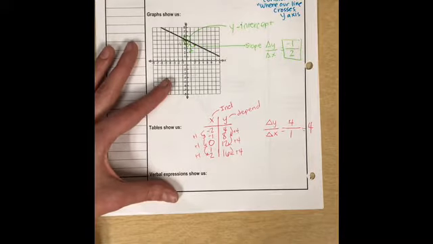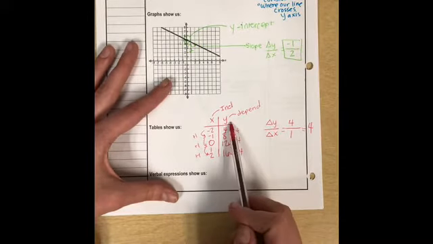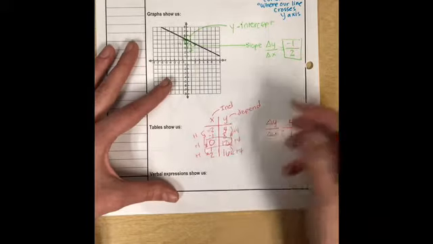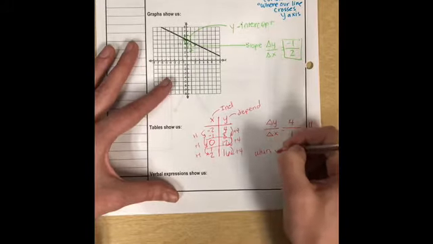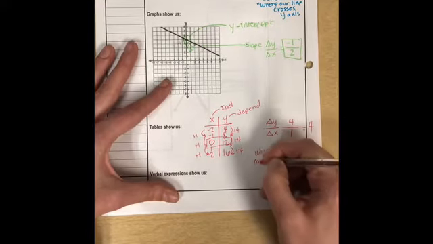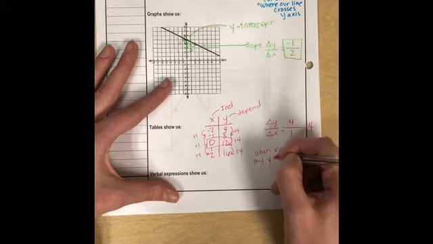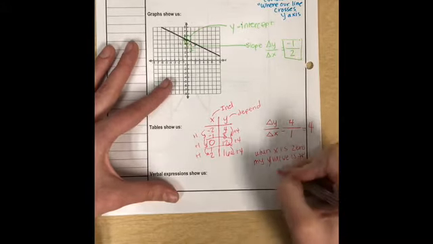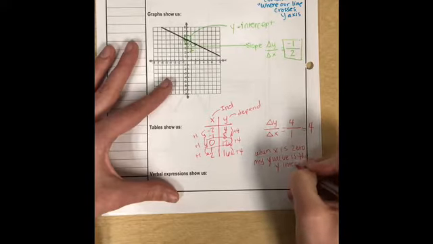It can also tell us what our y-intercept is when I find that value when x is 0. So when x is 0, my y value is the y-intercept.